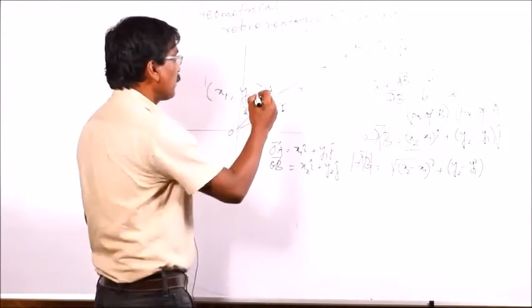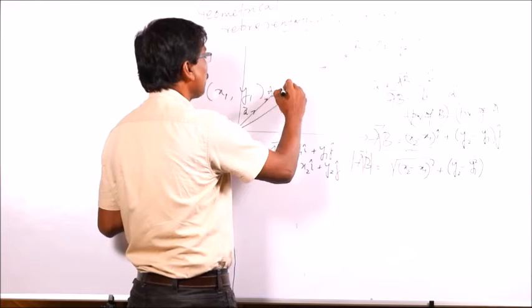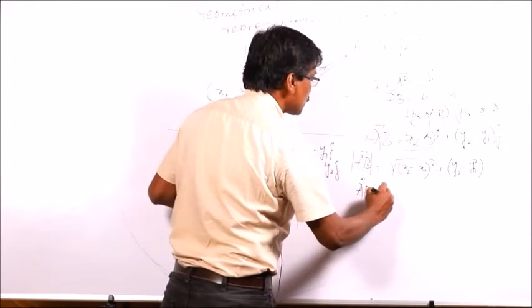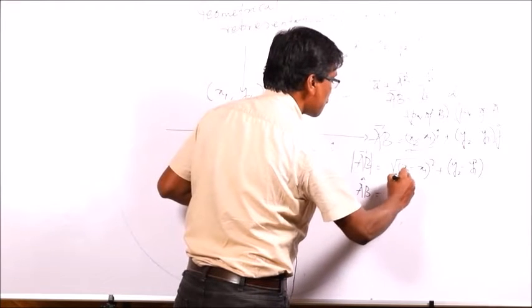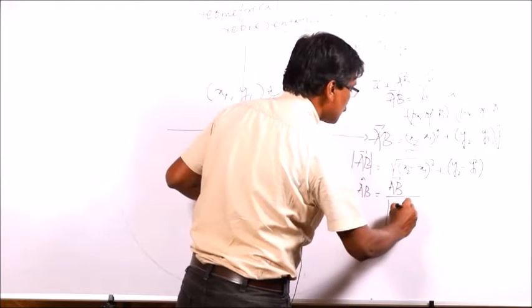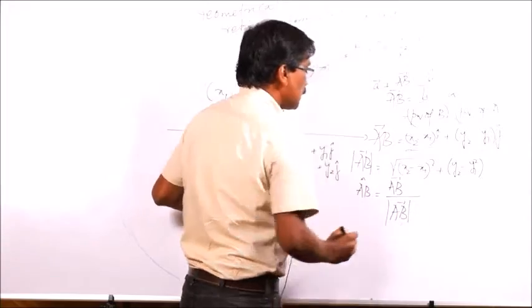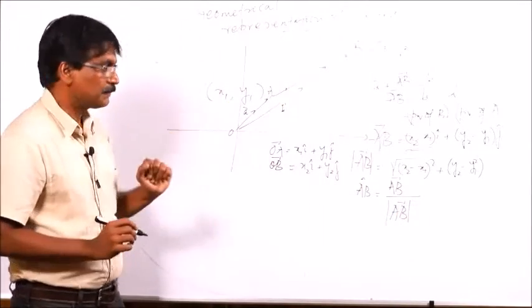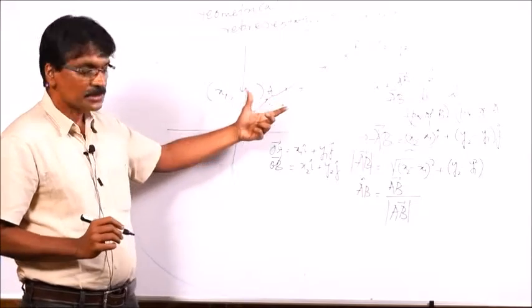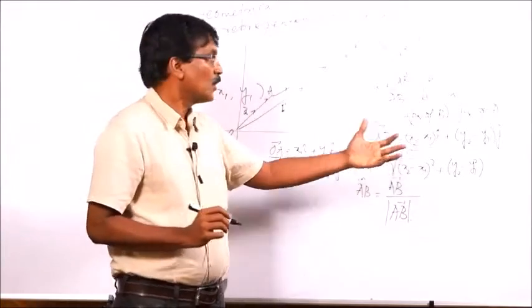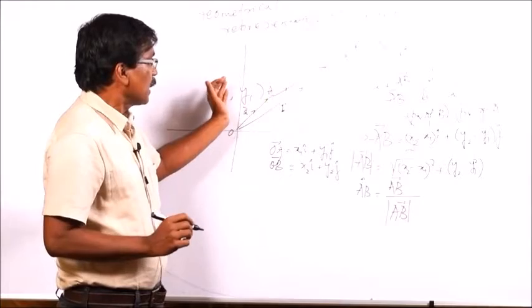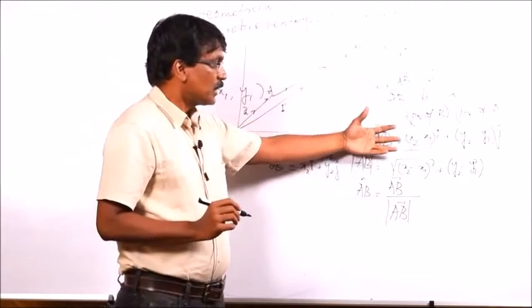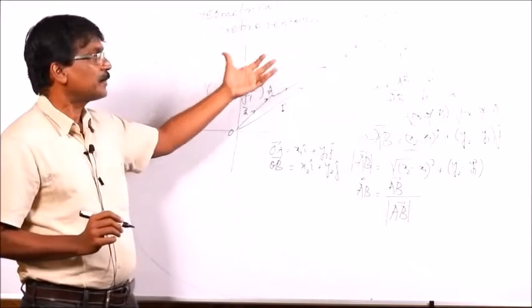Now the unit vector along AB vector, suppose that is AB cap, is nothing but AB vector divided by the magnitude of AB vector. So that is the unit vector along AB vector. This is in 2 dimensions. Similarly, in 3 dimensions, we can add the z coordinate, that is x1, y1, z1 and x2, y2, z2. So this is the geometrical representation of vectors.